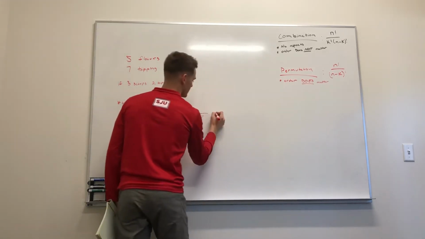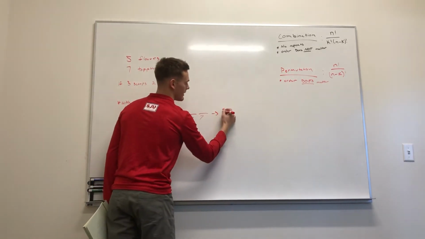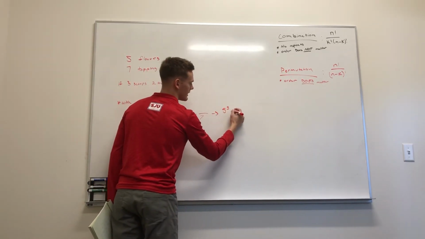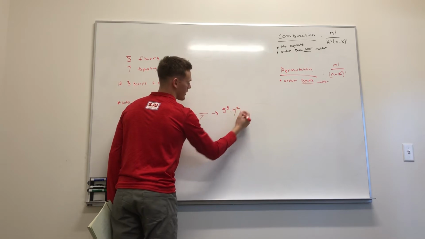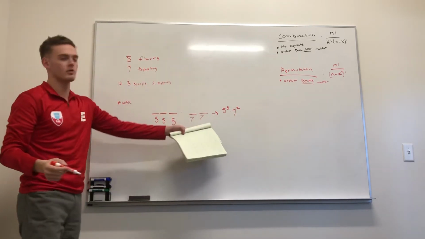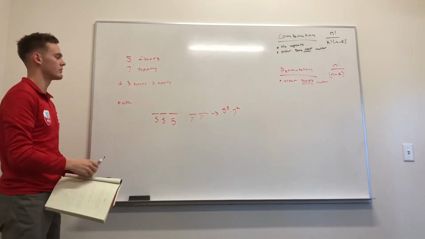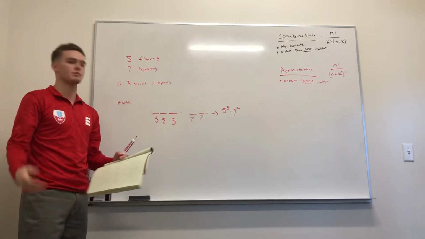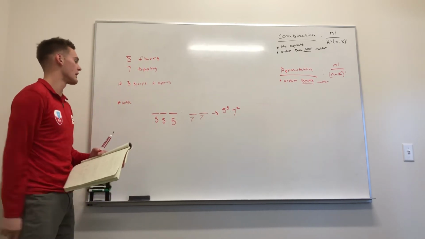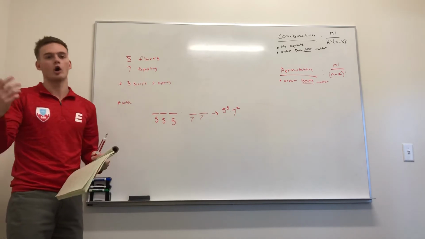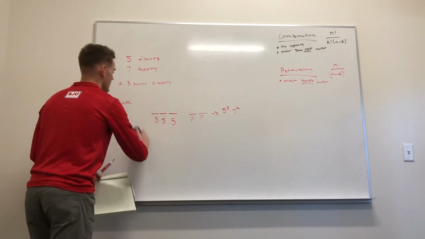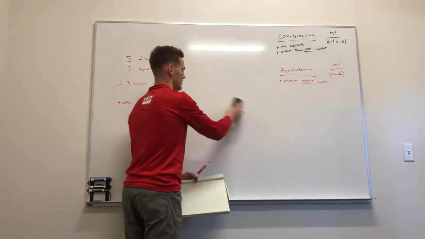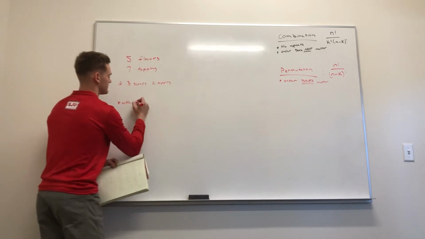And this can get simplified down to 5 cubed times 7 squared. And this is going to give us a total number of options with repeats allowed. So that would be like chocolate, chocolate, chocolate, and sprinkles, sprinkles, or vanilla, vanilla, vanilla, and caramel, caramel, for instance. So that was with repeats.